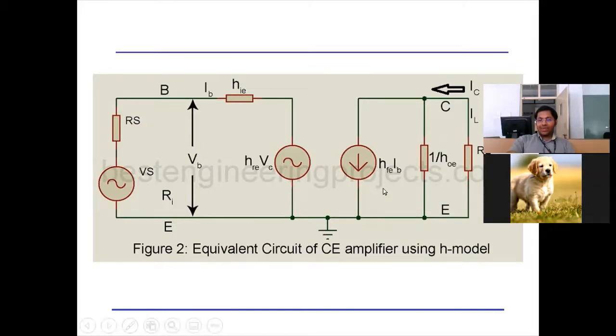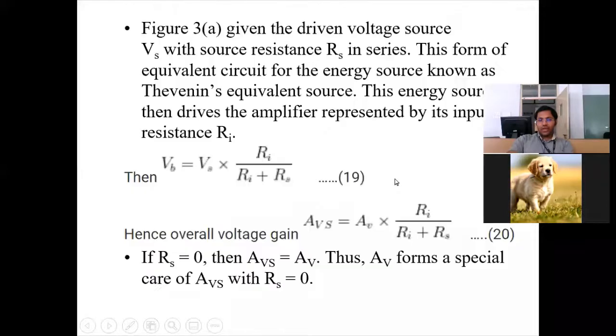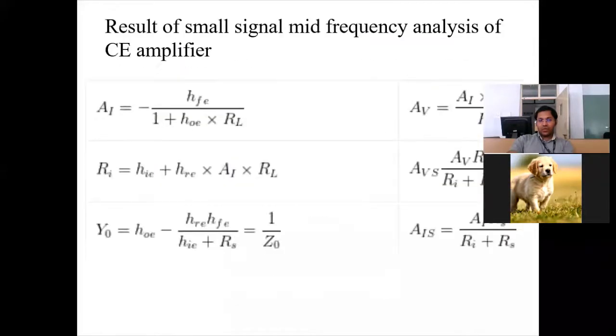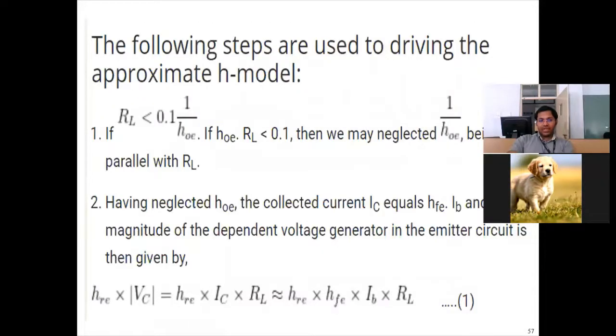Next, we will take this term alone. We will replace V_C with minus I_C into R_L, and again replace I_C with h_fe I_B. When we do that, what do we get?